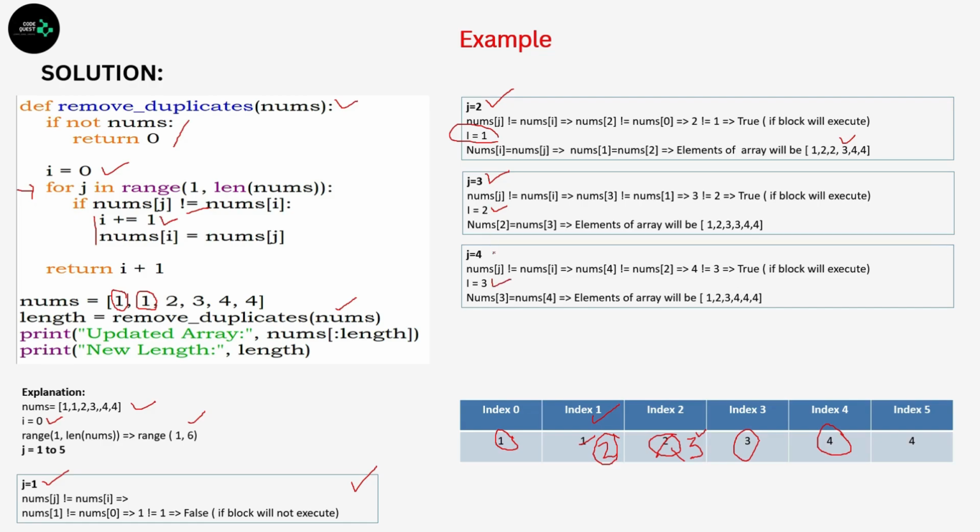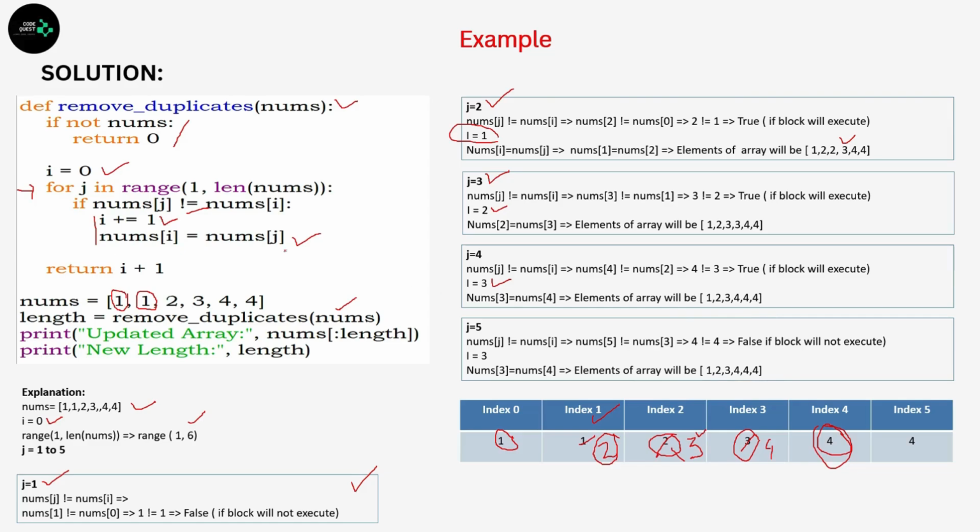Earlier it was 2, now it is becoming 3. And coming to this assignment where your nums of 4 is assigned to nums of 3. Nums of 4 is nothing but this 4, which is assigned to nums of 3. So this 3 will be now updated with your 4. As a result, my updated array is holding now 1, 2, 3, 4, 4 and 4.